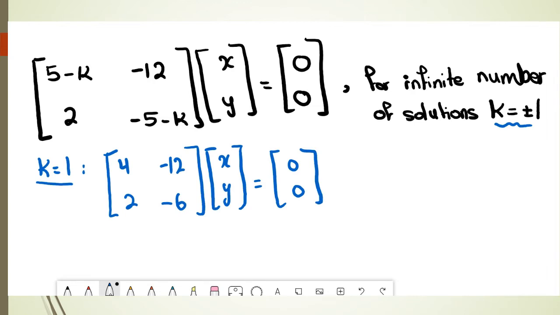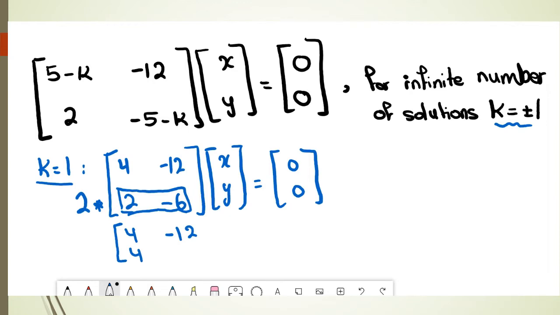now if we multiply this equation by 2, we will get 4 minus 12. 2 multiplied by 2 is 4.